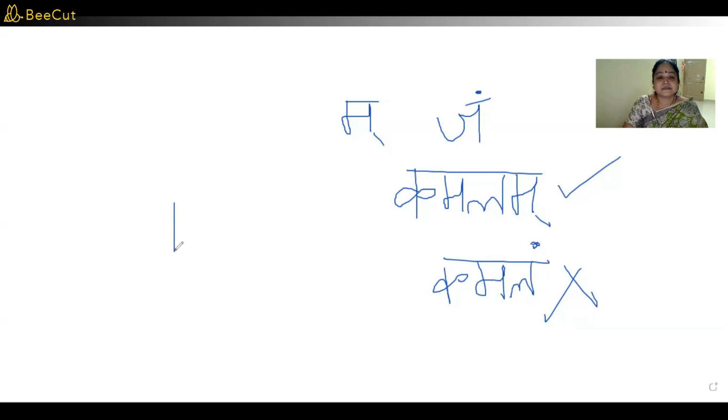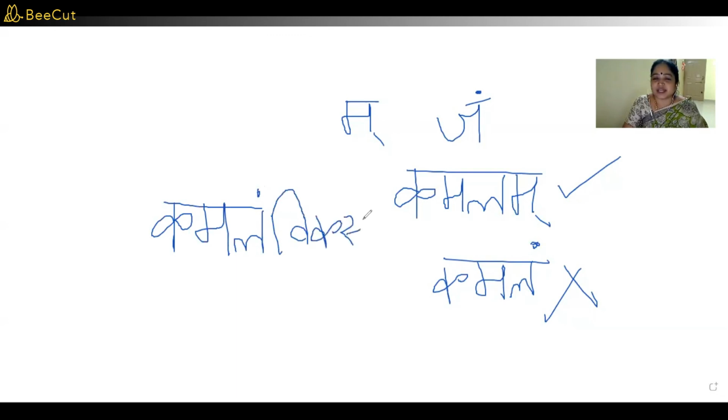Then Kamalam Vikasati. Now don't bother about what it means, but I'm just telling you as an example. Kamalam Vikasati means lotus blooms. Here it is V and it is a Vyanjana.